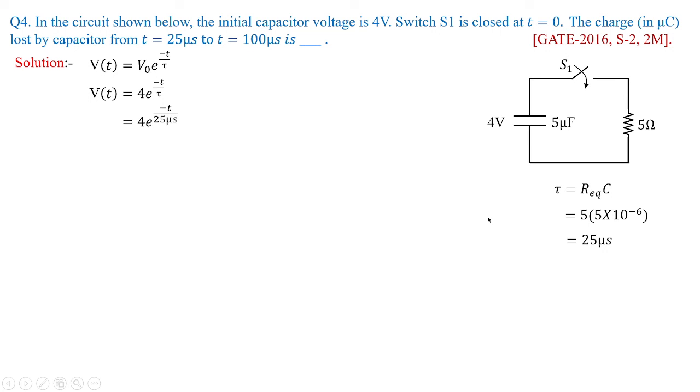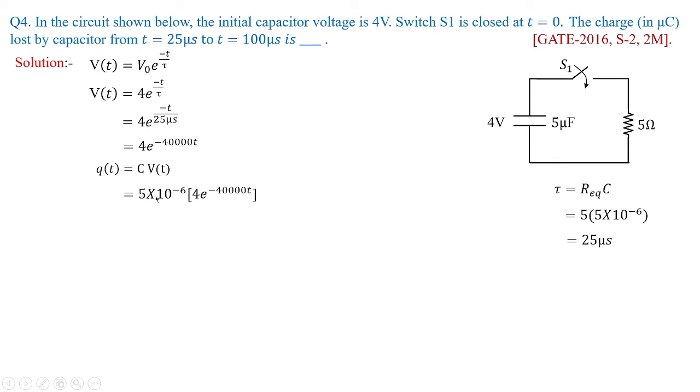Substitute this 25 microseconds in this equation. I'm going to get 4 e to the power of minus t by 25 microseconds. In fact, this micro I am taking onto the numerator of the e to the power of term. So it becomes e to the power of minus 40 kilo t. Now the charge across the capacitor is Q of t equal to C V of t.